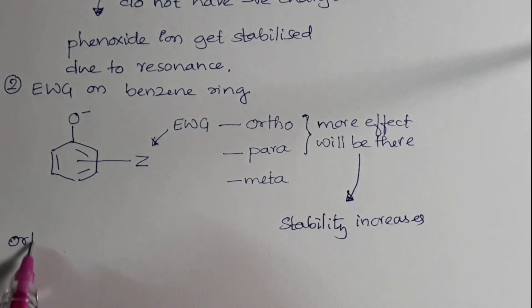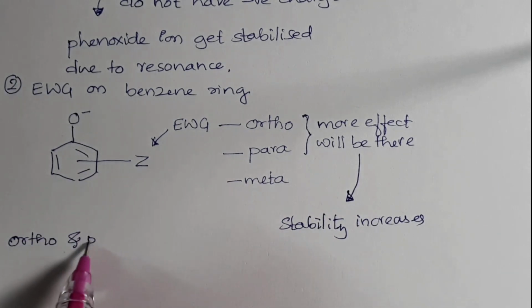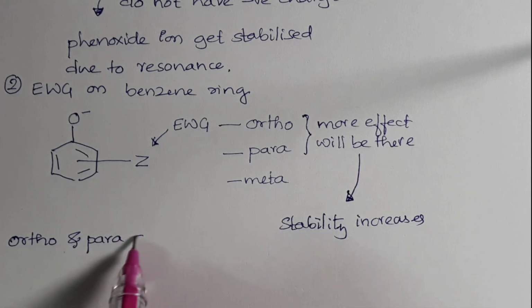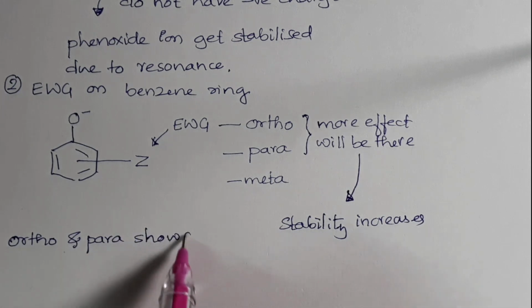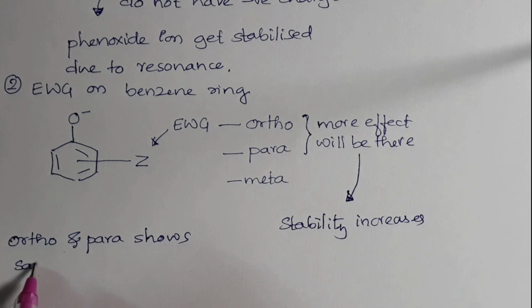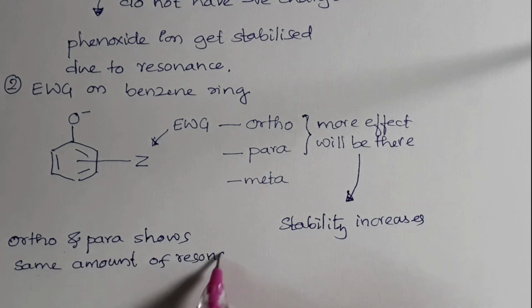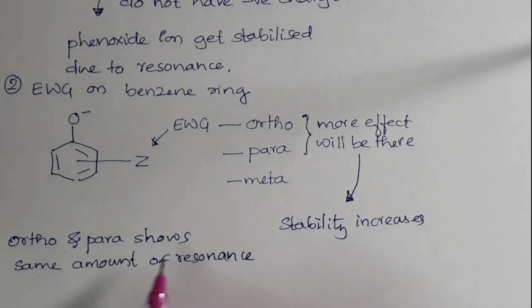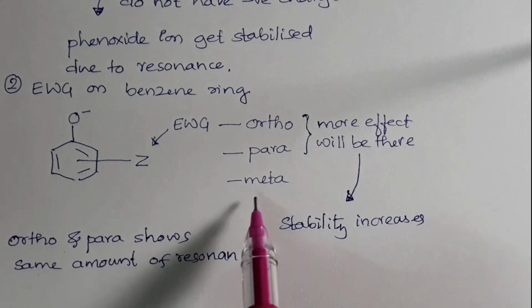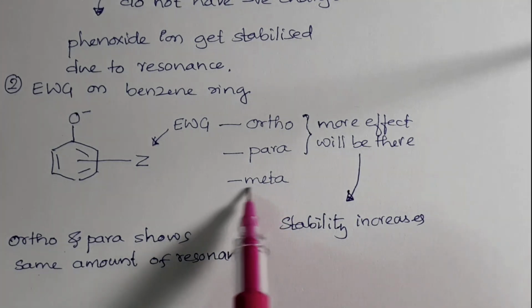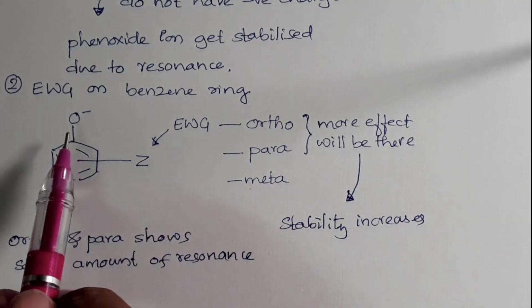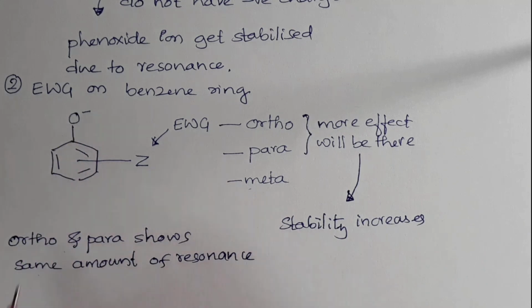Ortho and para show the same amount of resonance. So meta shows resonance, but it does not affect the negative charge present on the oxygen.